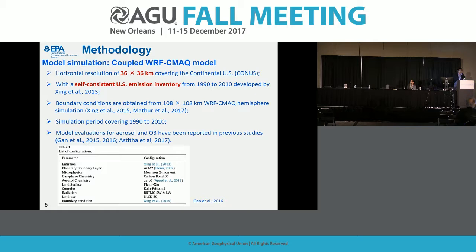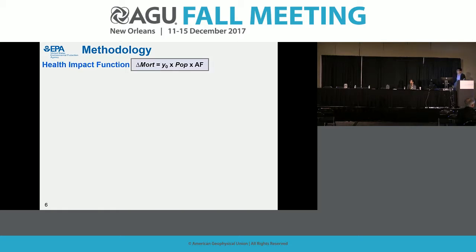These are the model simulations we carried out for this study. Some key features: we use the coupled WRF-CMAQ model running at 36 by 36 kilometers, using a self-consistent emission inventory in the US. For the other configurations, I suggest you look at the paper published in 2016, which has very detailed information. For the health impact analysis, we use this health impact function.